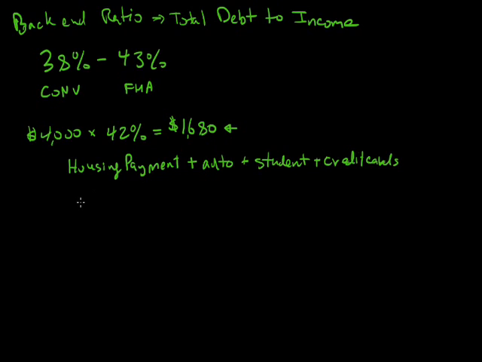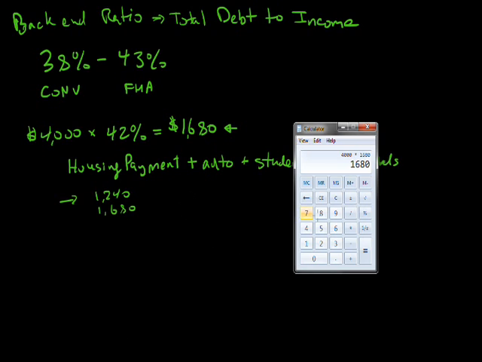So what happens when it does? Remember the limit we had on the front end ratio was $1,240. If we take the difference between those two, $1,680 minus $1,240, is $440.